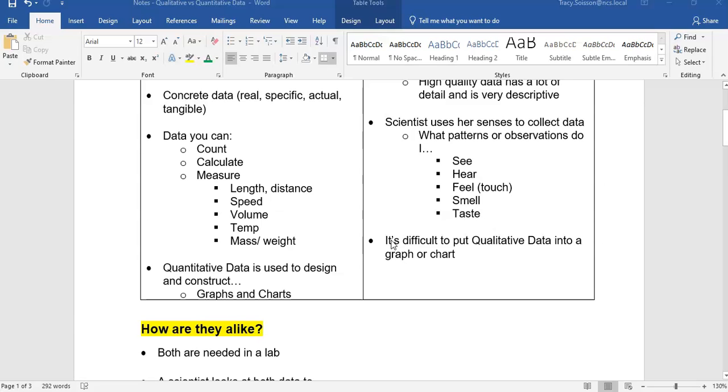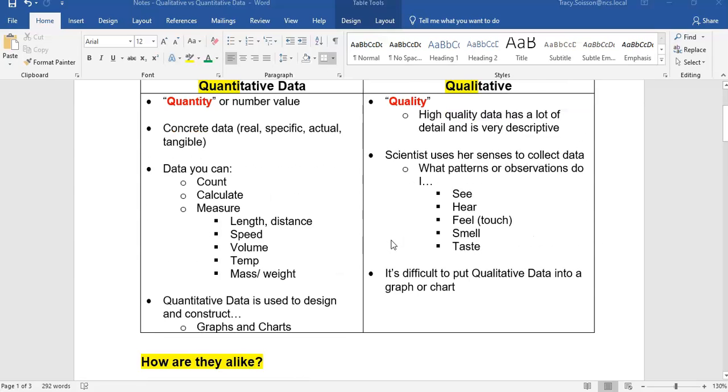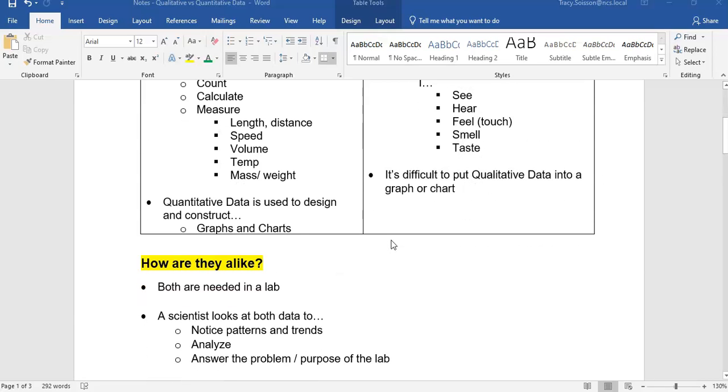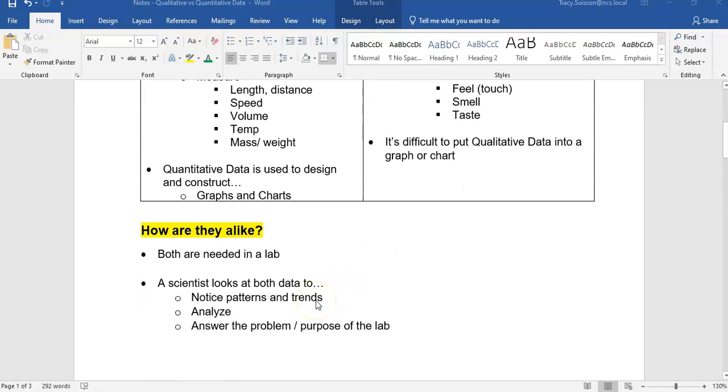Well, how are qualitative and quantitative data alike? You need both in a lab. If it's going to be a high quality lab with reliable data, you should be collecting both quantitative and qualitative data. And both of those forms of data allow the scientist to notice patterns and trends with the data and then actually say, well, what do those patterns and trends mean?